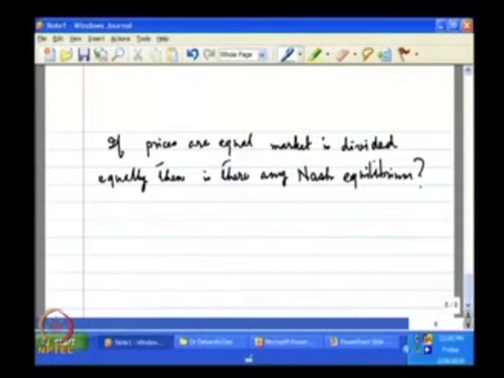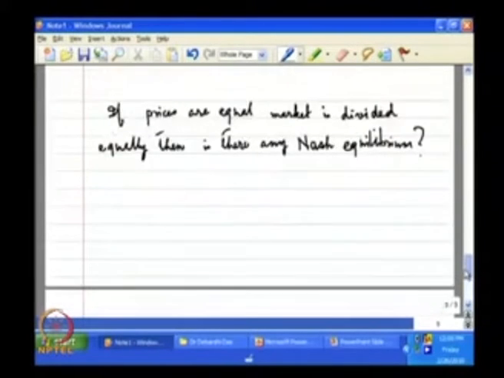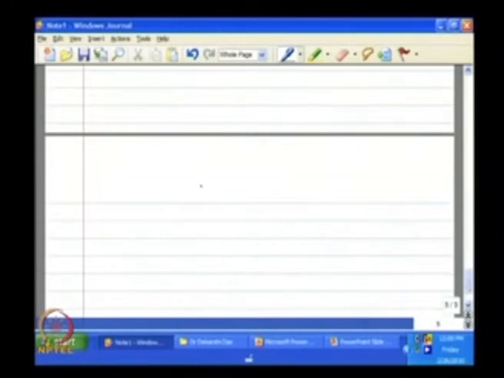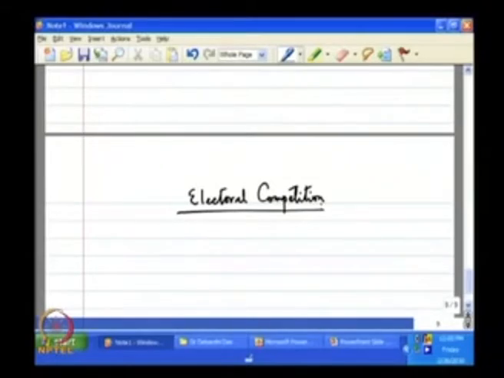Let me take up the next topic, which is the case of electoral competition. So, electoral competition, by this what we mean is that we are trying to look at how people vote and how number of candidates, when the people are voting, number of candidates are decided.